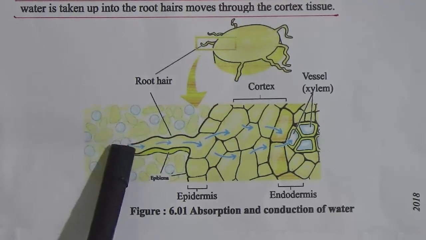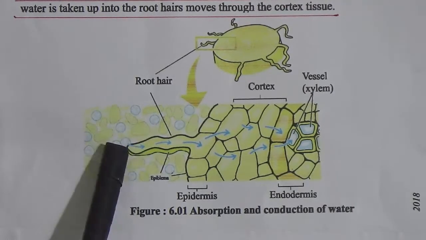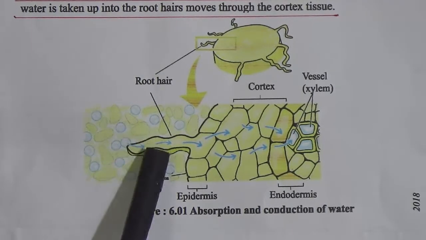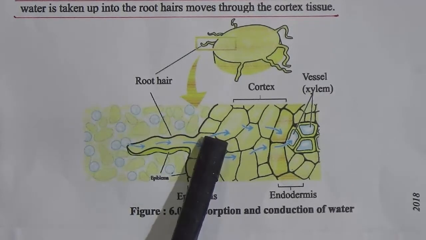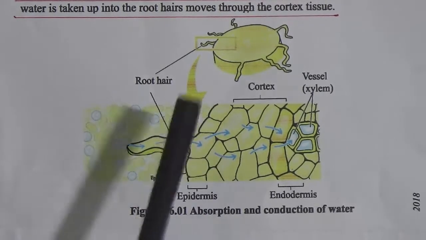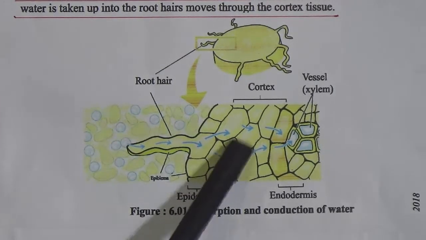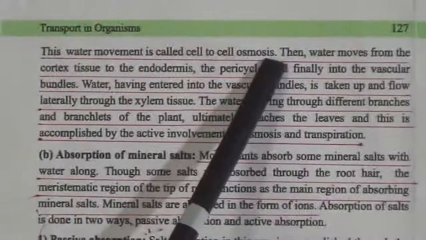When it enters the cell inside the root hair, it contacts the cell membrane, and then through the osmosis procedure it moves from one cell to another cell because of the diffusion pressure deficit, and this diffusion pressure deficit occurs due to transpiration, and through the xylem vessel it goes to the different parts of the plant's body. Now comes the next phase. This water movement is called cell osmosis or endosmosis.